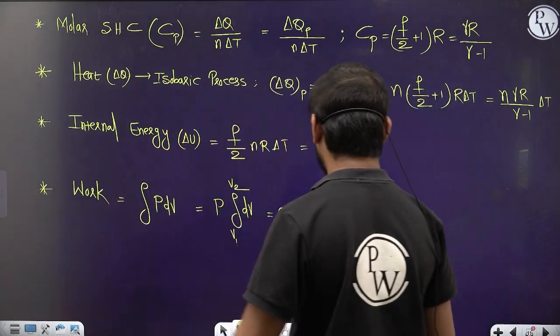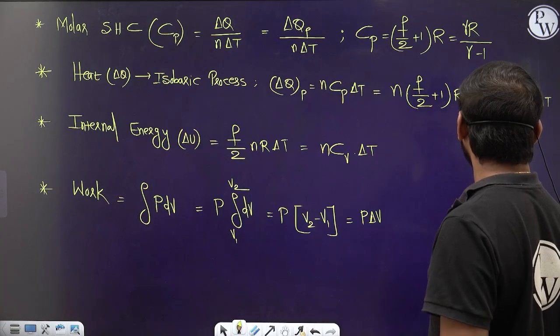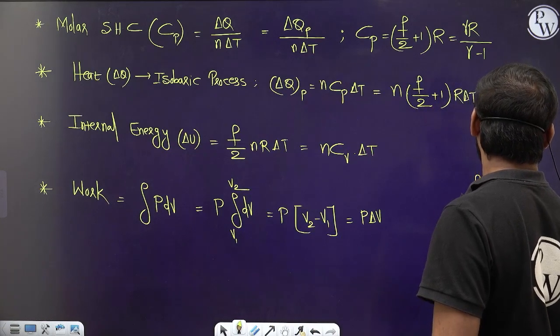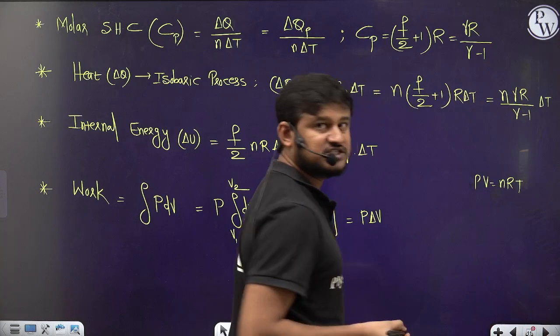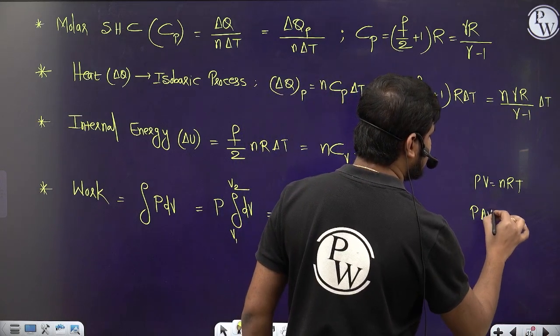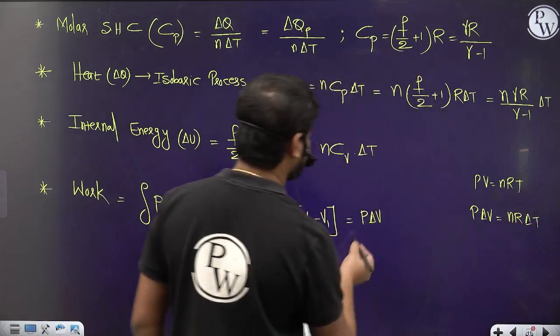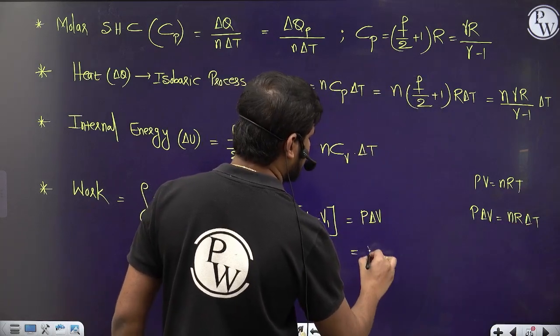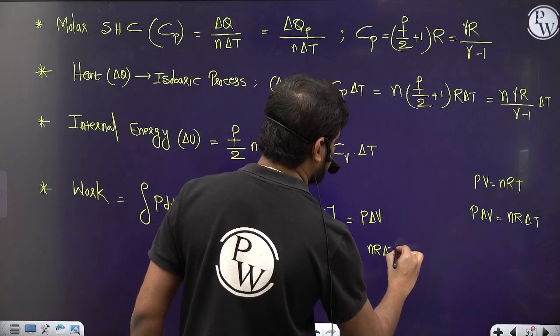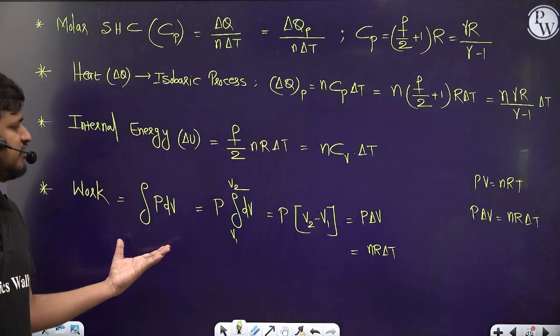Here, in place of P delta V, you can also write, see, PV equals nRT. If the pressure is constant and I differentiate on either side, P into delta V equals nR, which is constant, into delta T. So in place of P delta V, you can also write nR delta T. That's also possible. Clear, everyone?